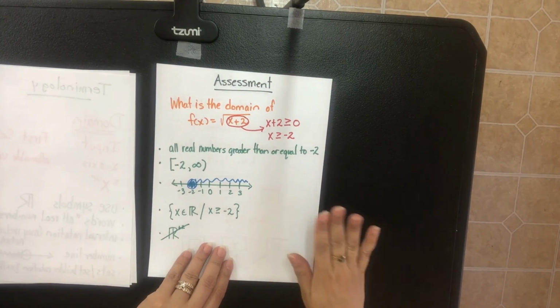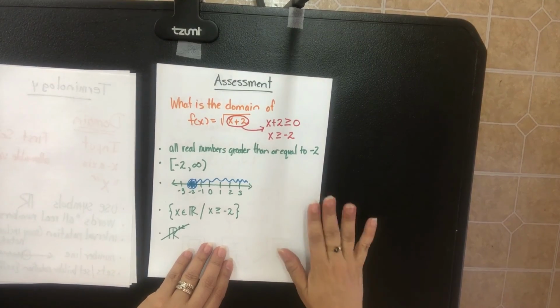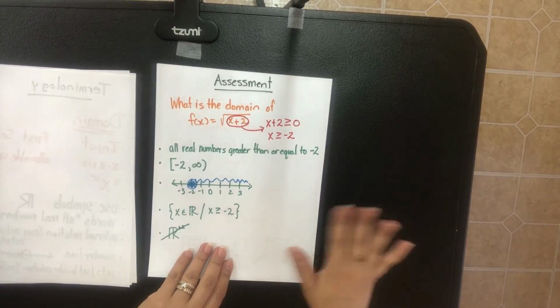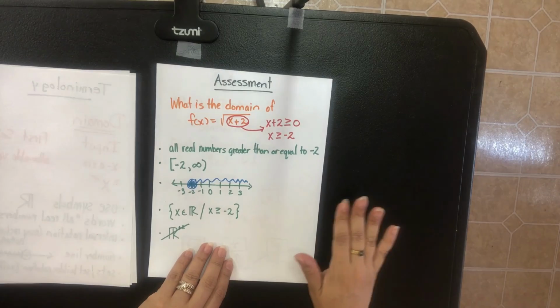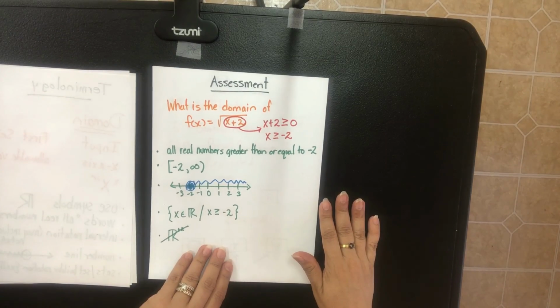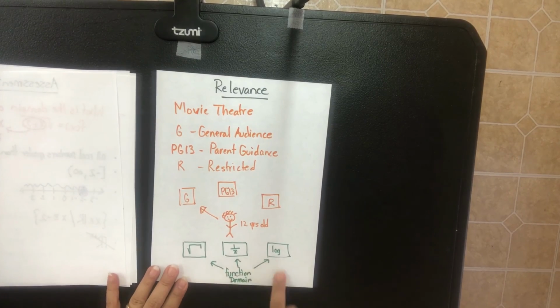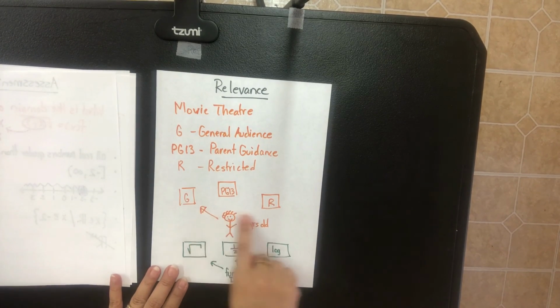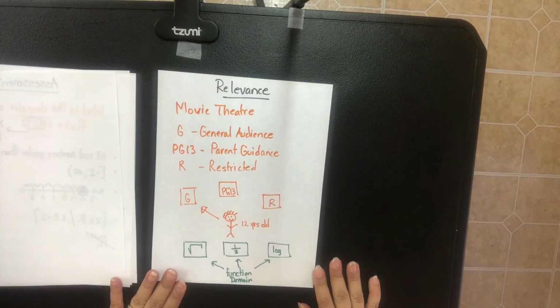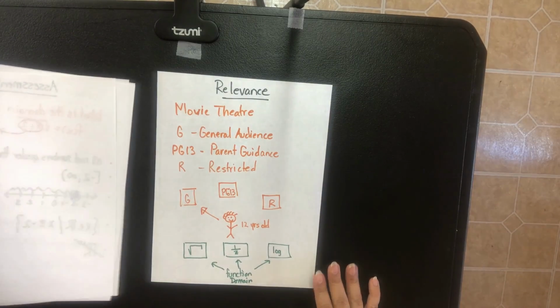There is a high probability that you're going to get a test question like this, no doubt. Domain is extremely critical to the idea of functions. And then the relevance, where we compared this idea of domain to a movie theater and being allowed to see certain movies if you're a certain age.